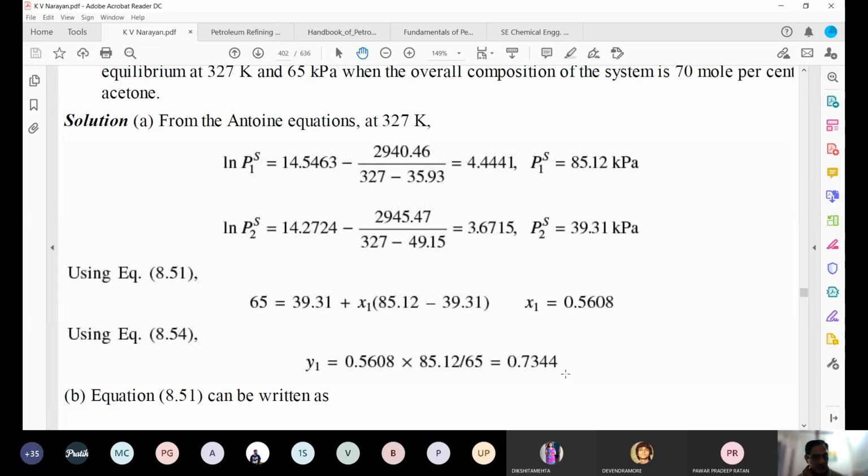The liquid phase has a composition of x1 equal to 0.5608 and the vapor phase has 0.7344 acetone.